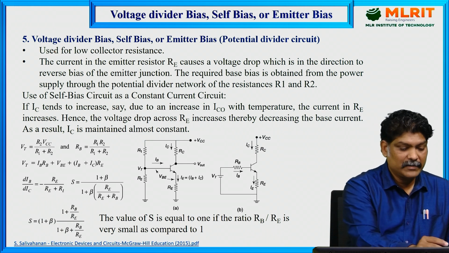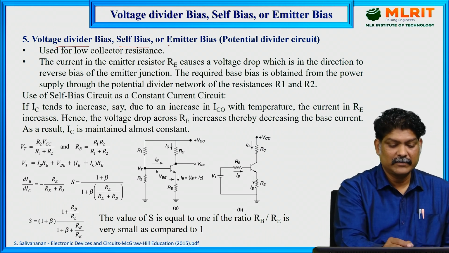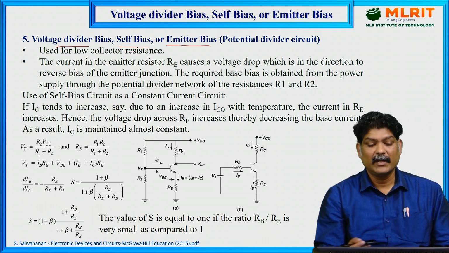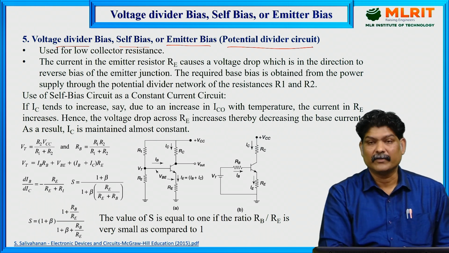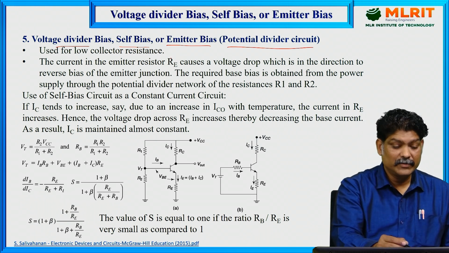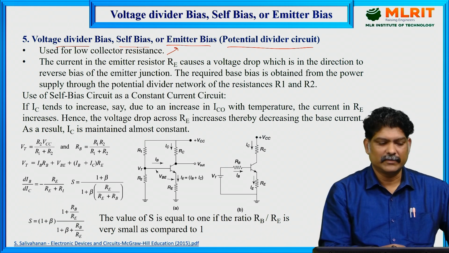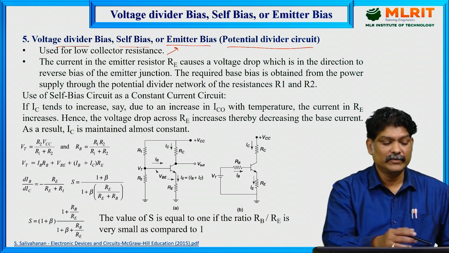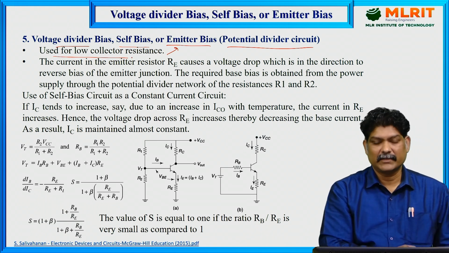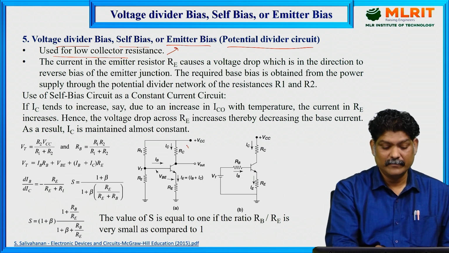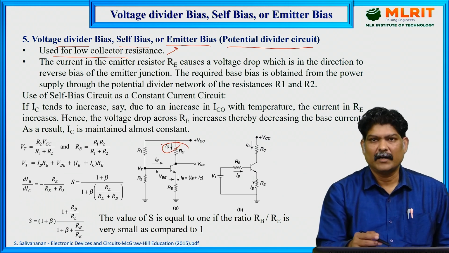The last one is voltage divider bias, also called self bias or emitter bias, or you can say potential divider circuit. Voltage divider bias is used for low collector resistance, if the collector resistance is low, of the order of 100 ohms.